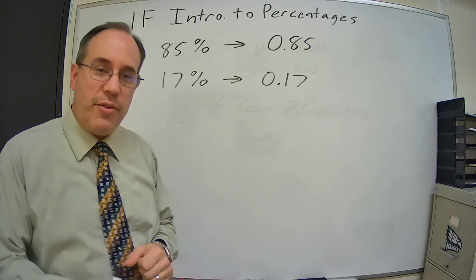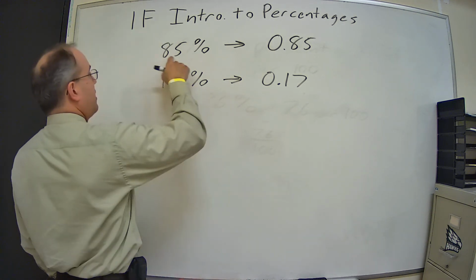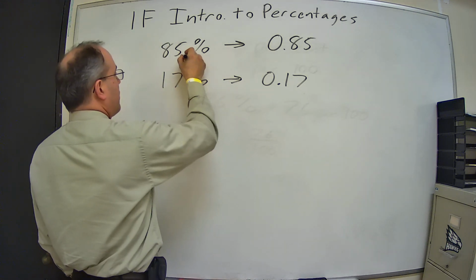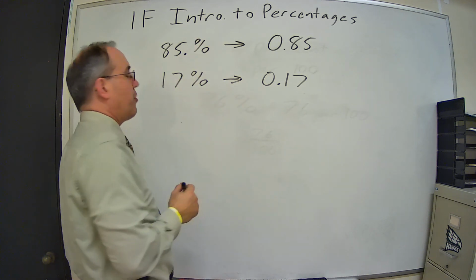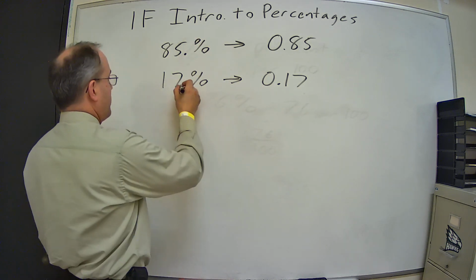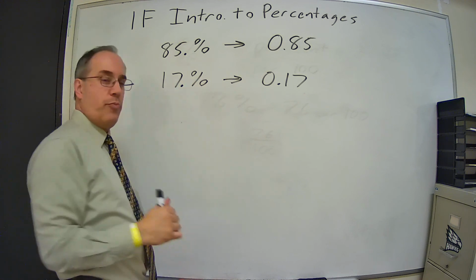And I want to point out something with this, that if we have 85%, that's where a decimal point would be, wouldn't it? Or 17%. Decimal point would be right there.